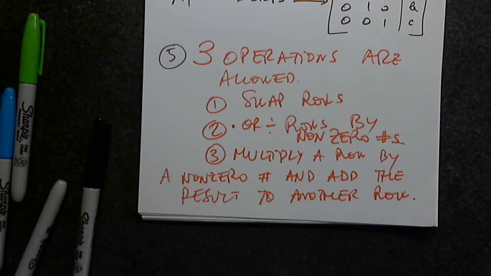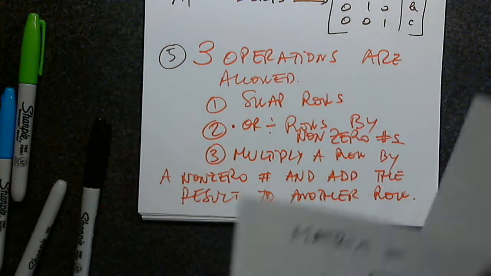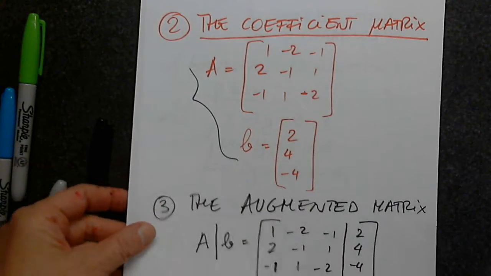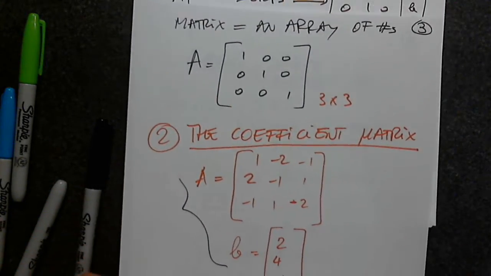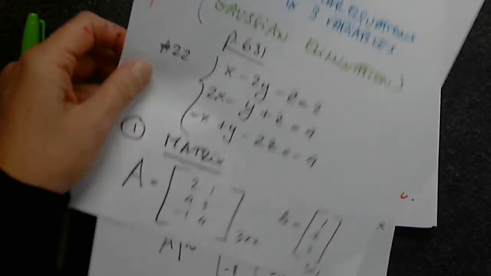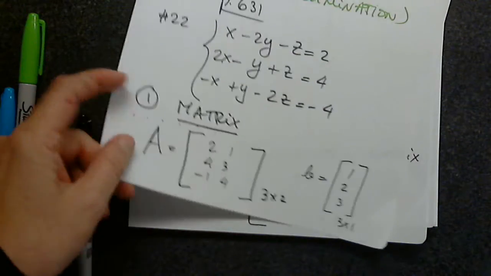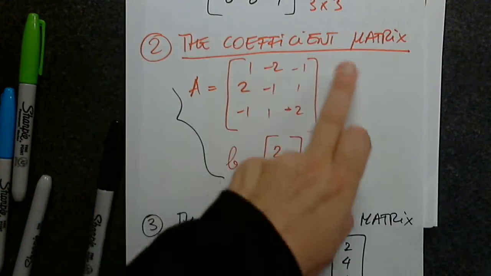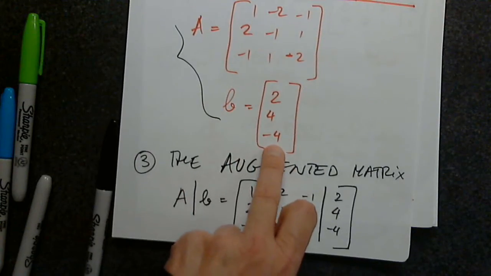Okay, so let's summarize. I've been talking for 25 minutes and I didn't do anything. Okay, so we are looking at a system. We know what a matrix is. We know what the coefficient matrix is. We know what the column matrix is.